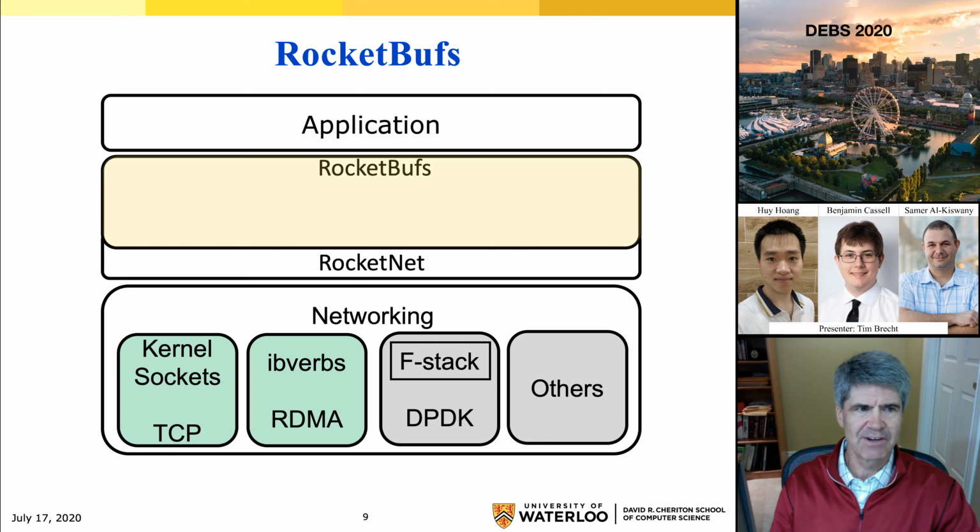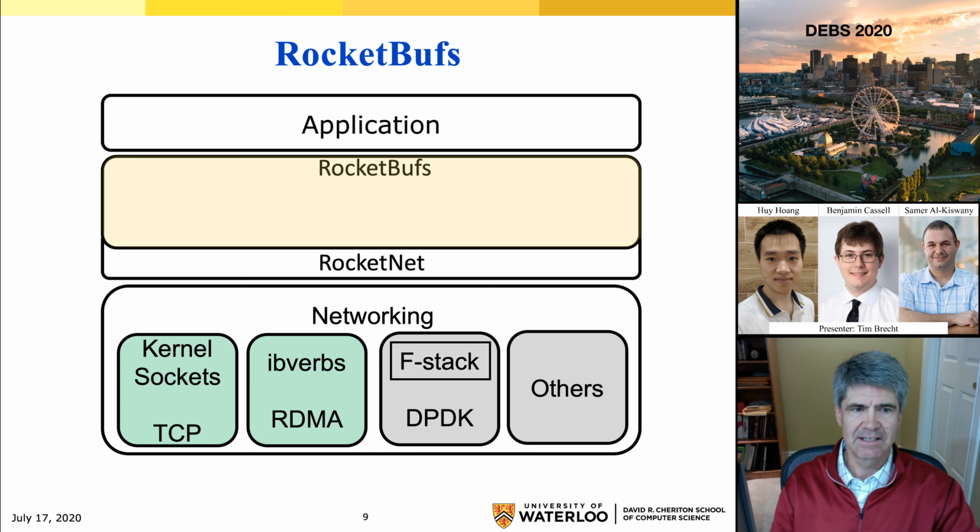I'm now going to provide you with a bit of motivation behind some of the design choices we've made in RocketBufs and explain some of its key abstractions and components. Some of this work was stimulated by some work we had done previously in disseminating live streaming video in data centers.